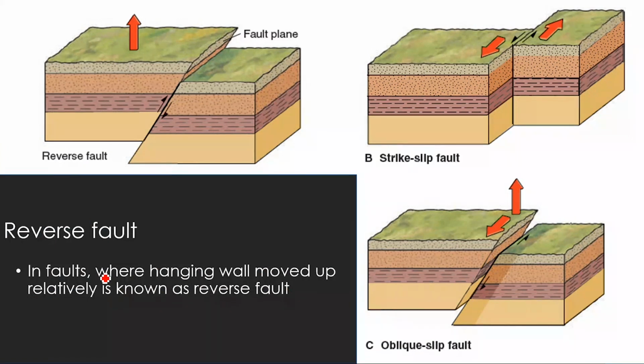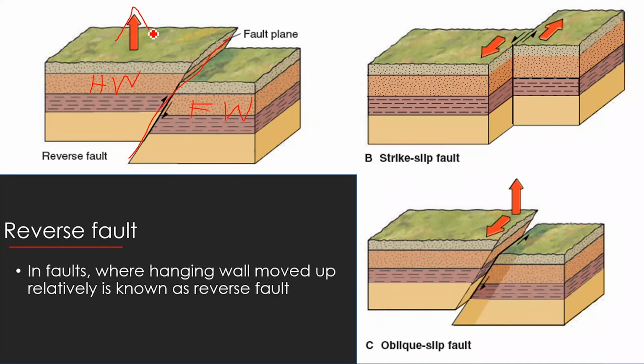Okay, now the opposite of that, the reverse fault. Reverse fault is where the hanging wall moves up. Which one is hanging wall and which one is foot wall? This is the fault plane, and the block which is above the fault plane, we call it the hanging wall, and the block which is below that, we call it the foot wall. And what is the relative movement?